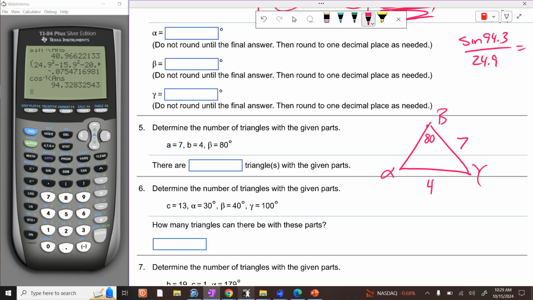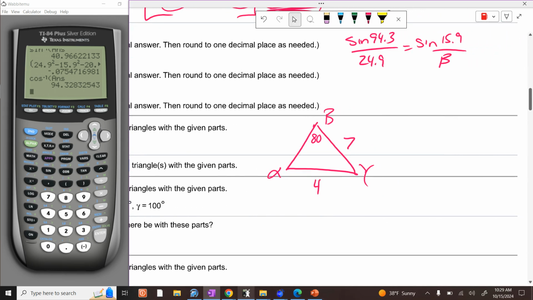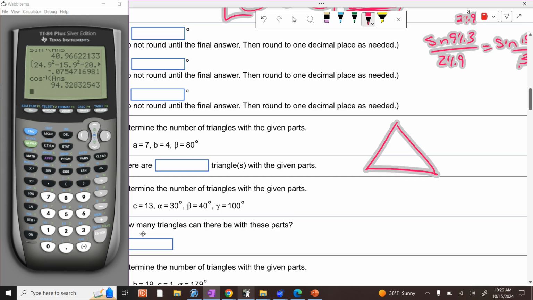Okay? So what do you have to do? Well, you have to do what we did before with the law of sines. And what I should do is really move these around so they're in the appropriate spots. 80 here, 4 here, 7 here.